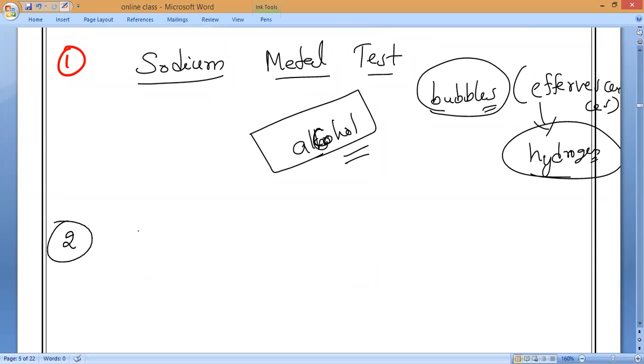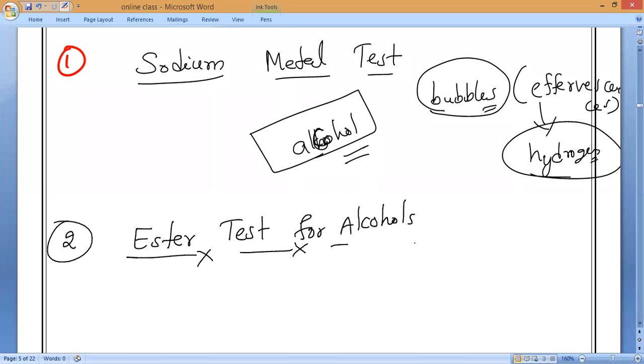The second test is the ester test for alcohol. Just now we studied it. What will come? Smell. Sweet smelling, that is what you have to remember. A sweet smell will come, so it indicates alcohol.